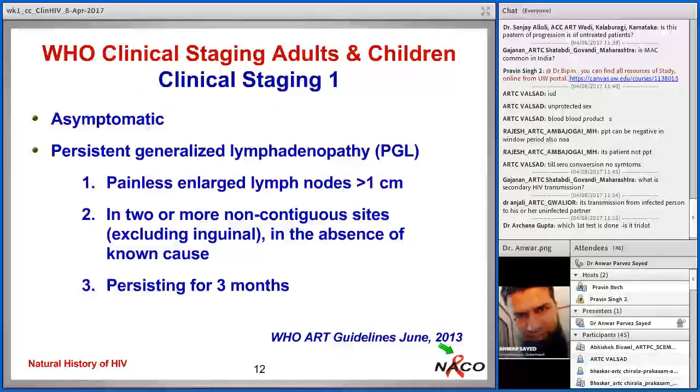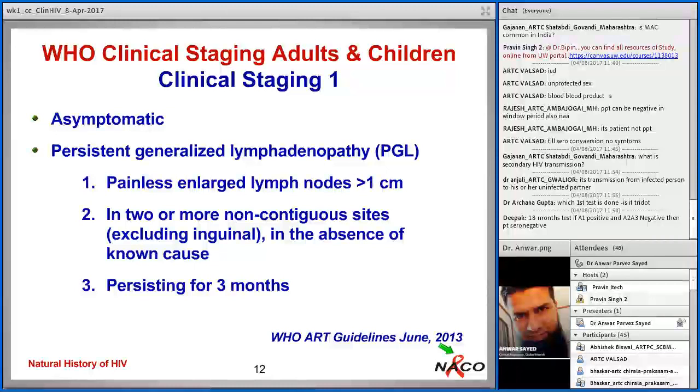We'll see the WHO classification in more detail because we use it routinely.